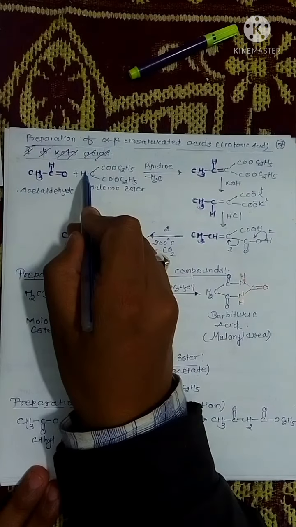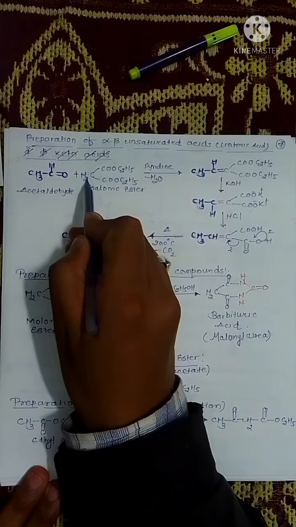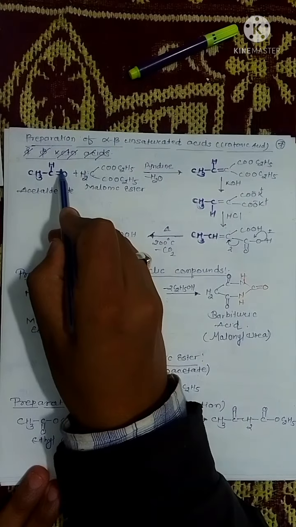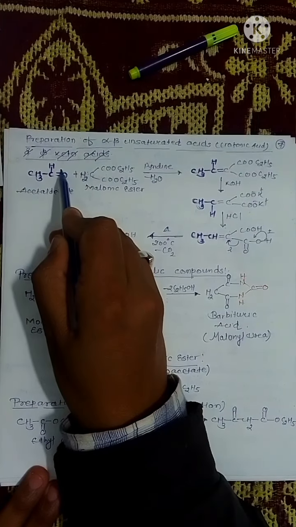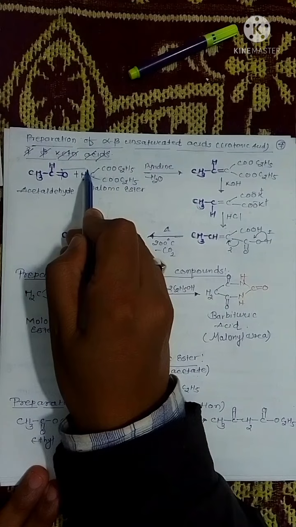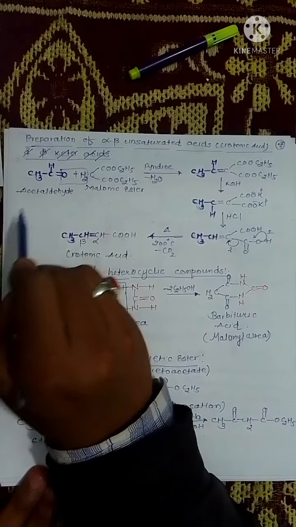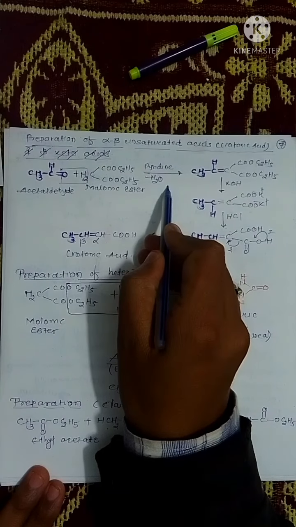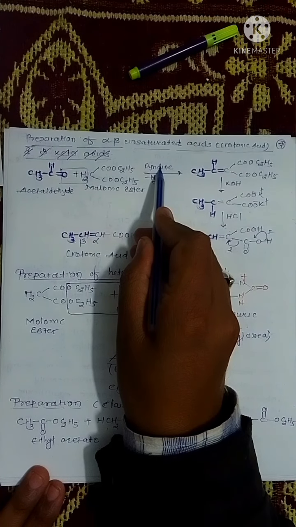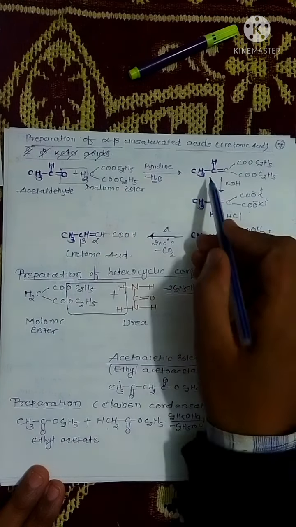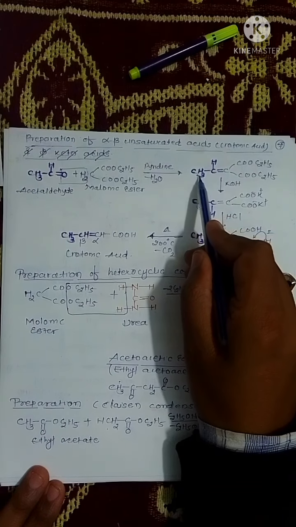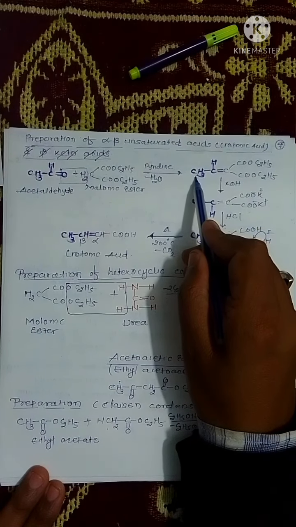Since these two hydrogens are acidic in nature, meaning they can easily be replaced, they directly take away this oxygen and water goes out in the presence of base. So we come up with this type of structure.